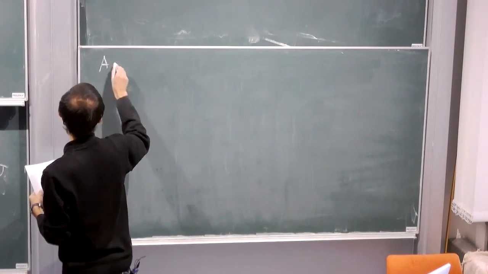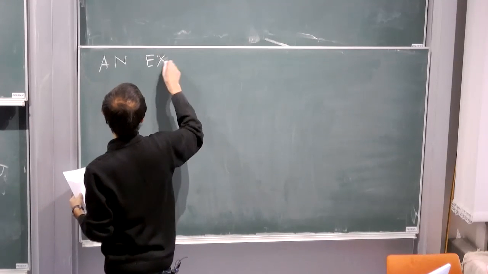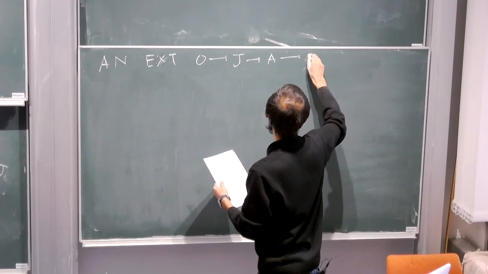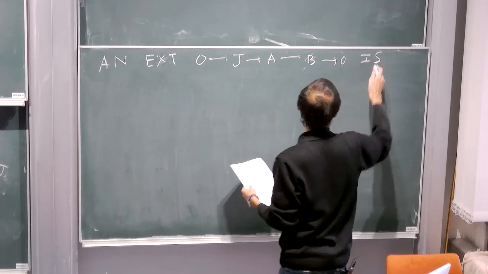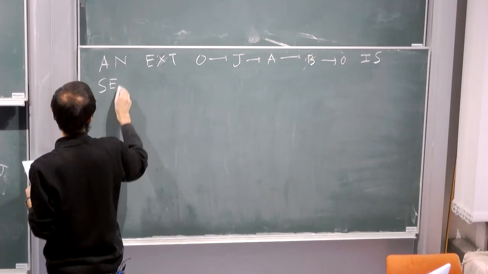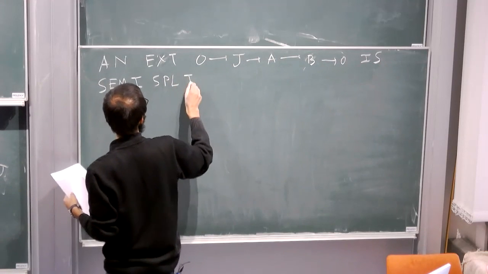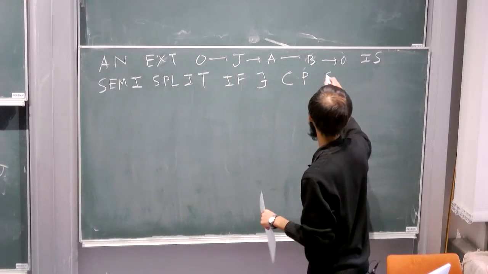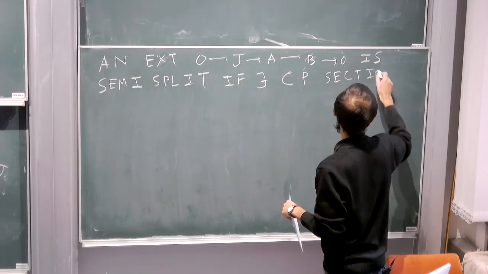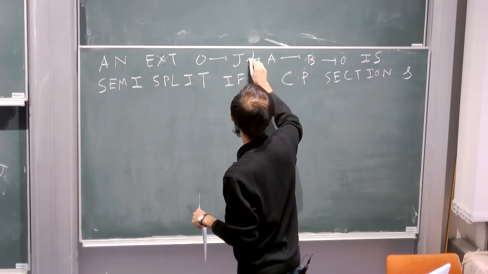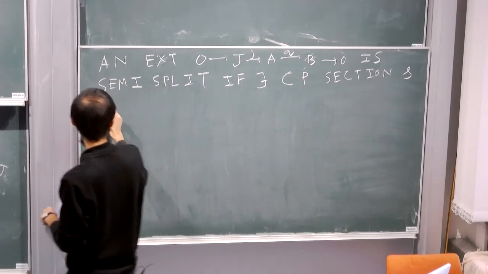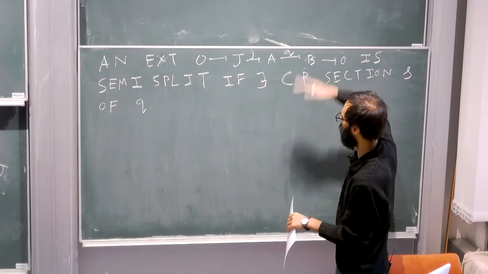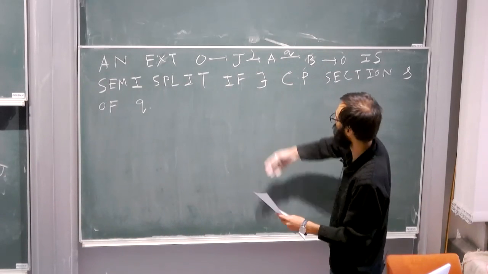An extension is semi-split if there exists a completely positive section S of Q, let this be J and this be Q. Completely positive means you go to all the matricial levels and you get positivity for all n.